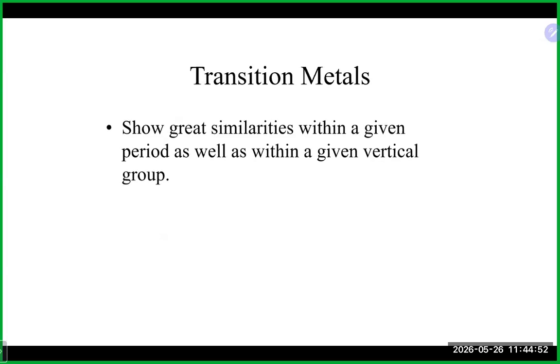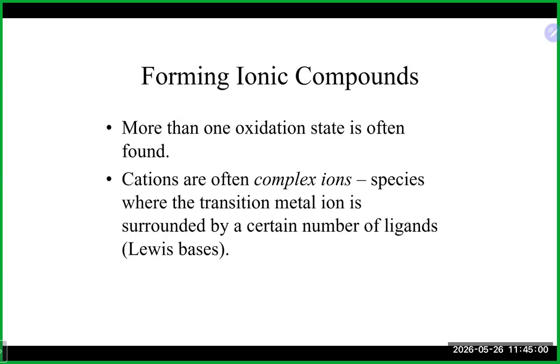When we talk about transition metals, they do show very similar characteristics within a vertical group on the periodic table. And they tend to form ionic compounds. And one of the things, as you probably also remember from transition metals, is that they can form more than one oxidation state.